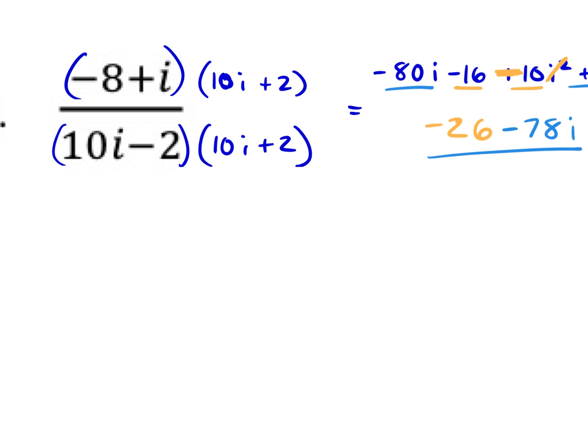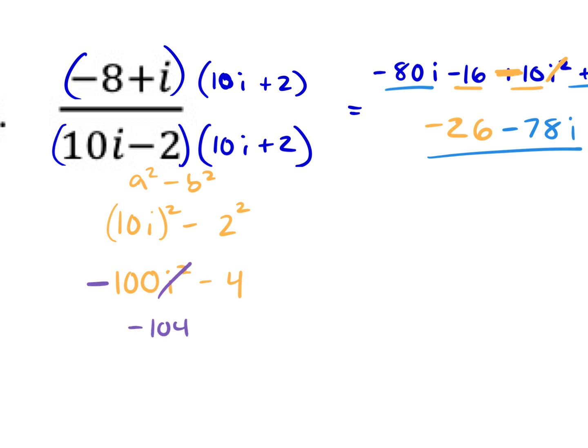Now on the bottom, we can do our conjugate shortcut. So a squared minus b squared. So this would be 10i squared minus 2 squared. So we get 100i squared minus 4. i squared changes to be -1, so -100 minus 4 would be -104.